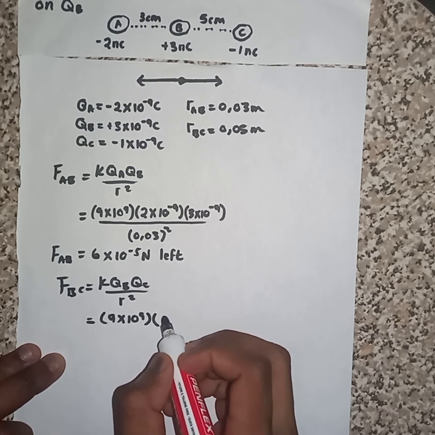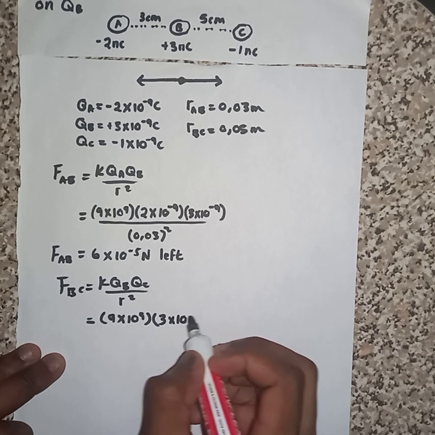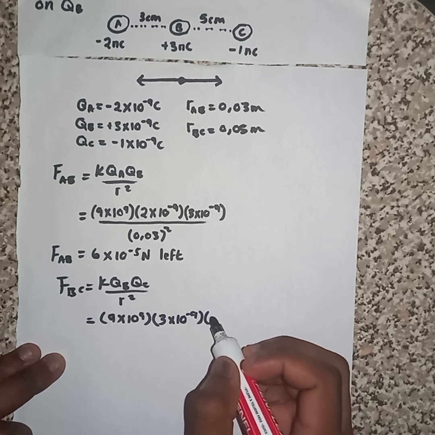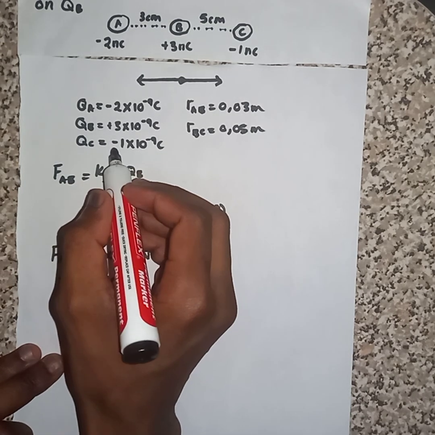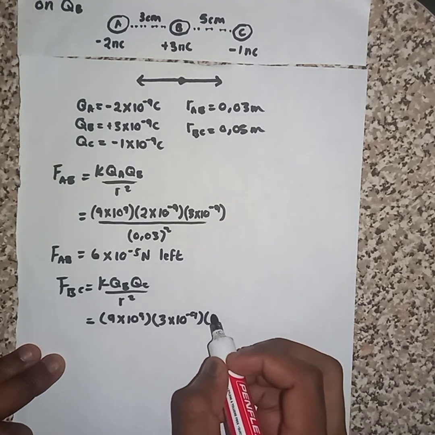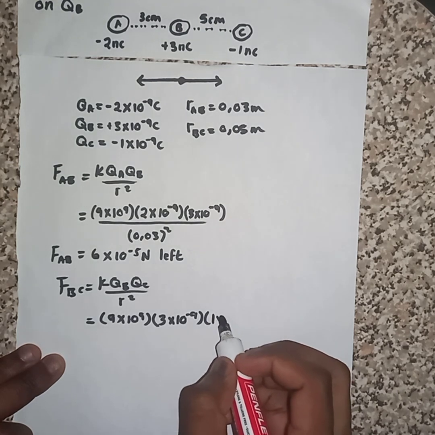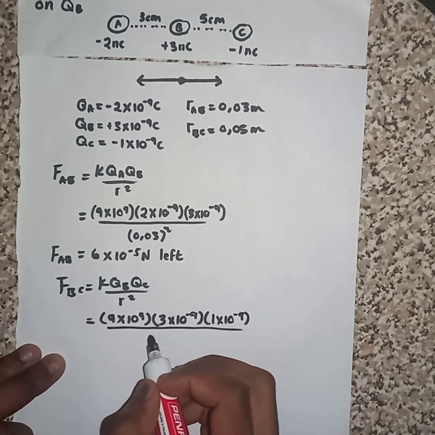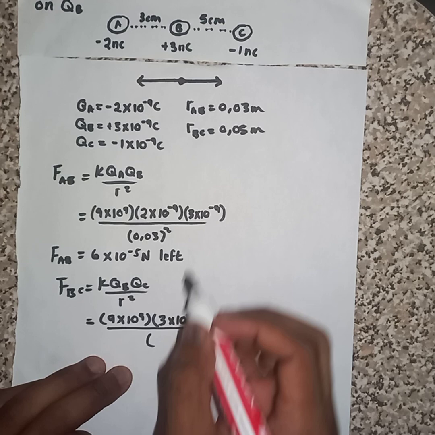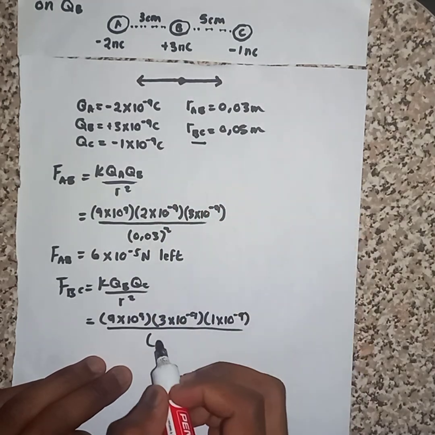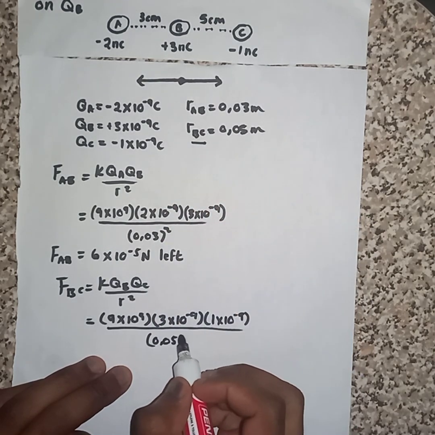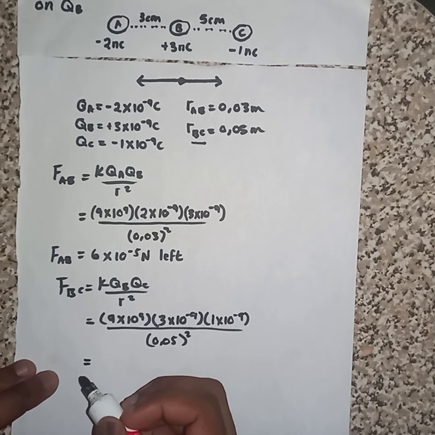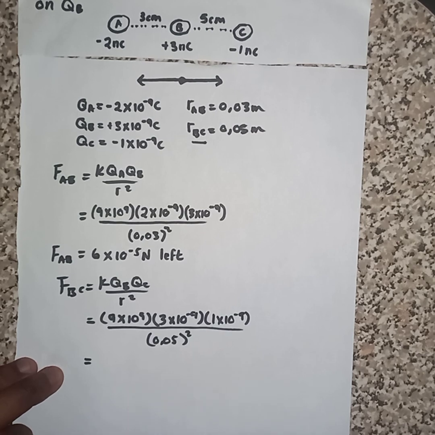Our QB is 3 times 10 to the power of minus 9. Then our QC is going to be, don't forget again, omit that negative, 1 times 10 to the power of minus 9. You divide everything by the distance of B and C, which is 0.05, squared. At this point, you then use your calculator.